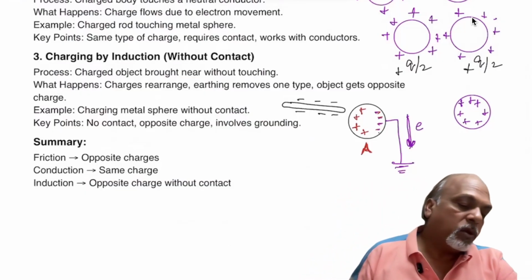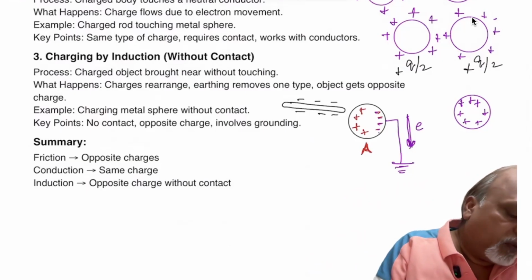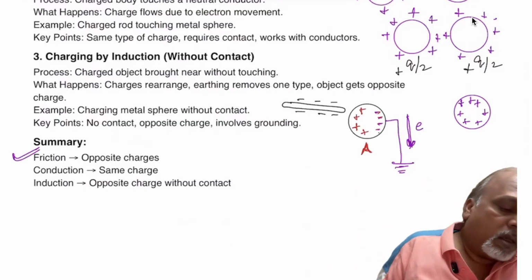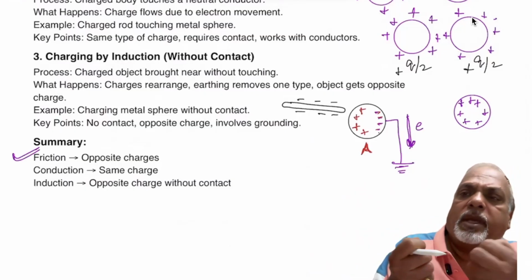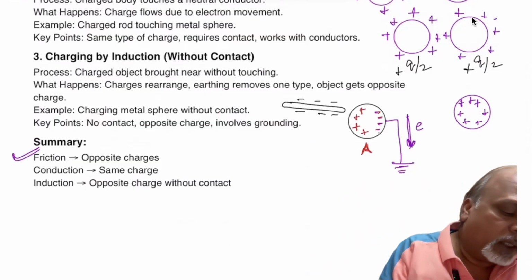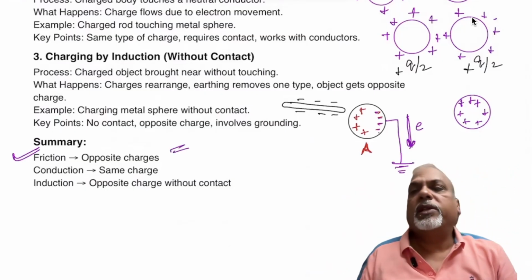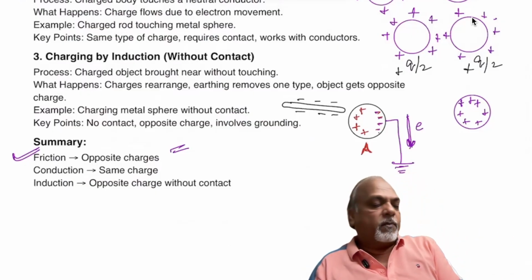Correct? So whenever charging is due to friction, both the bodies which you are rubbing against each other will have opposite charges. In conduction, since you are touching, both the bodies will have the same charges.